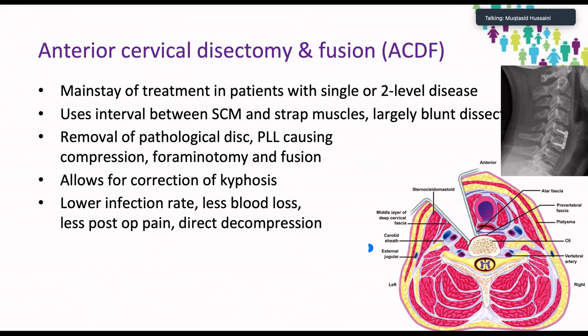This surgery allows for correction of kyphosis, which is why it's one of the preferred operations in patients with a kyphotic deformity. It does have a lower infection rate, less blood loss, and less post-op pain, and it allows direct decompression of the spinal cord at the relevant level.